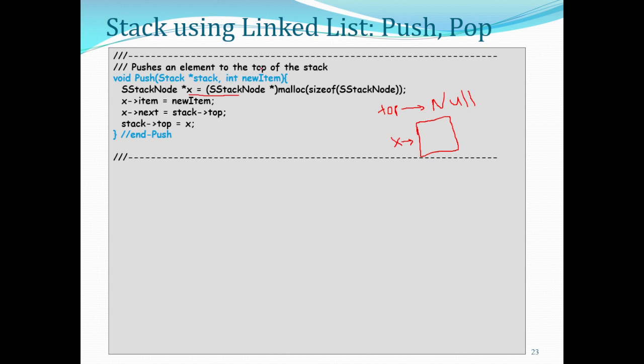Let's say the new item is 5. I'm writing 5 in here. What happens? Be careful. x next becomes stack top. So x next becomes null, and top becomes x.